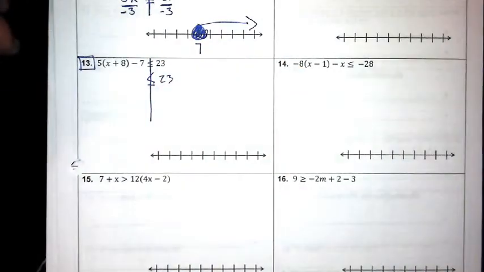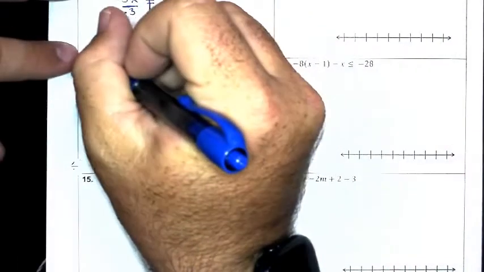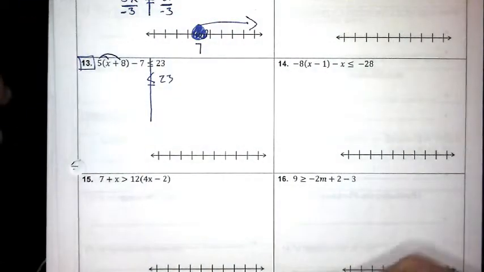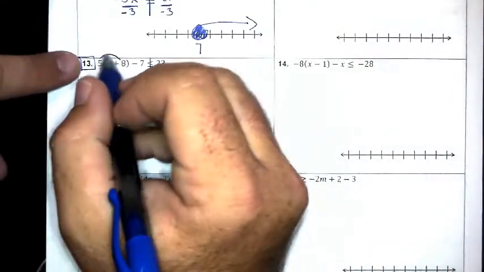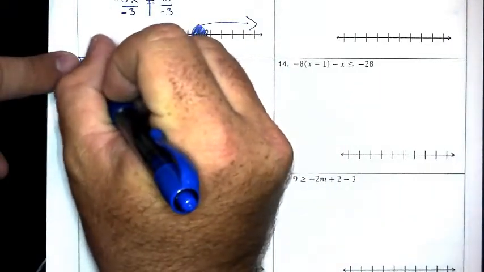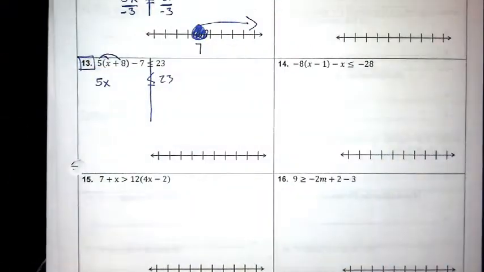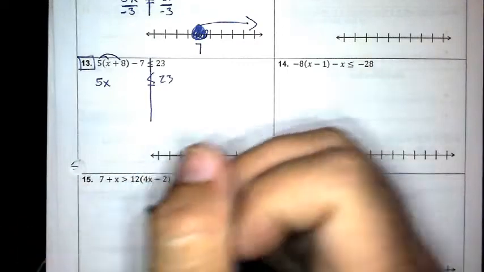So let's get my distributing out of the way. Distributing is just doing what math operation? Starts with an M, rhymes with multiply. Multiply. That's all it is when you distribute. 5 times x, simple, easy peasy, 5x. 5 times 8, however, is a little bit more complicated because it's an actual number, 40. 5 times negative 7 is what?